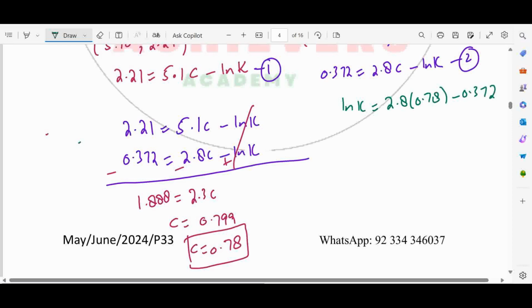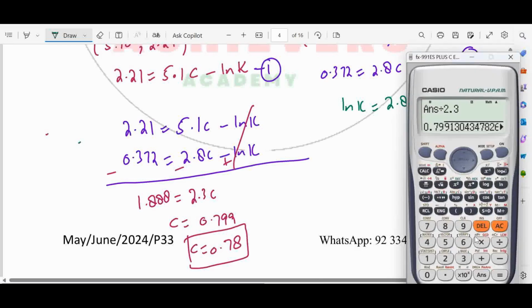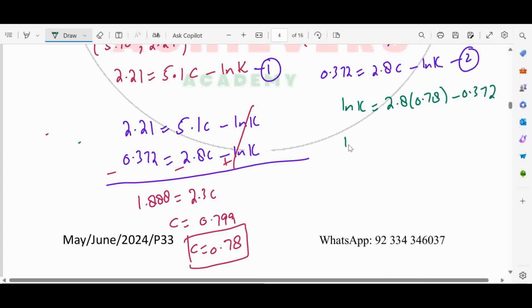Let me multiply it with 2.8 minus 0.372. So this will be equal to 1.8655. So natural log of k is equal to 1.86.